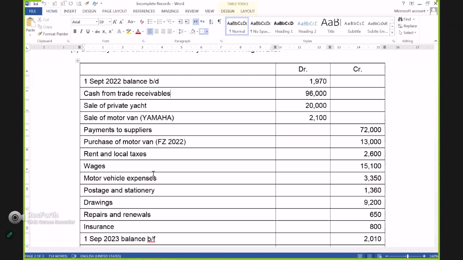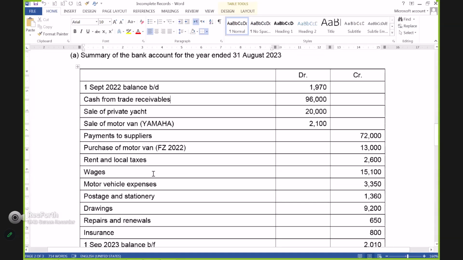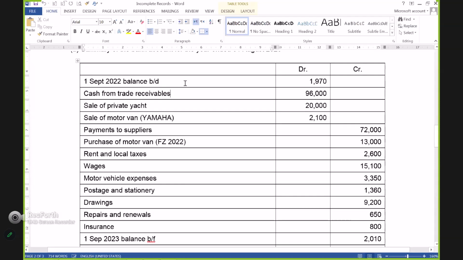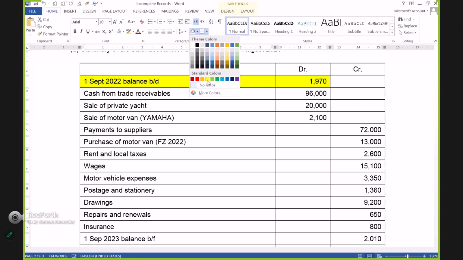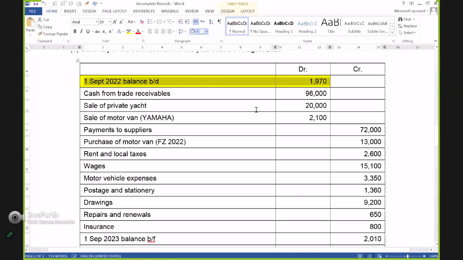So you have to enter the data from the bank. So what is the balance? It is the opening balance. First one, I highlighted. The first one is the opening balance. So the opening balance is 1,970. It is a cash balance, a bank balance.